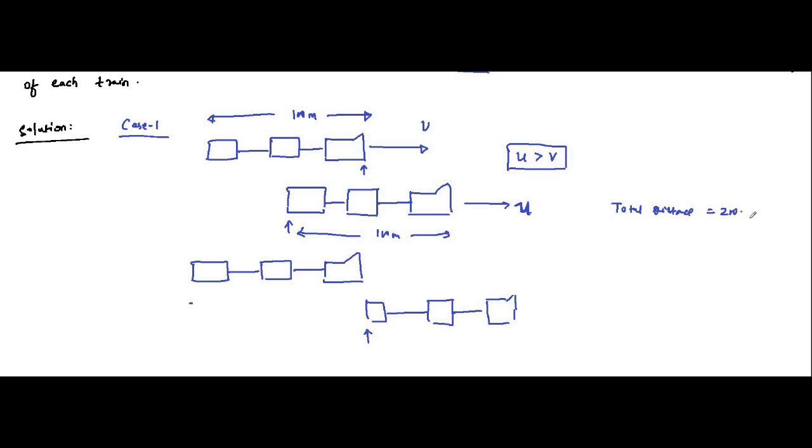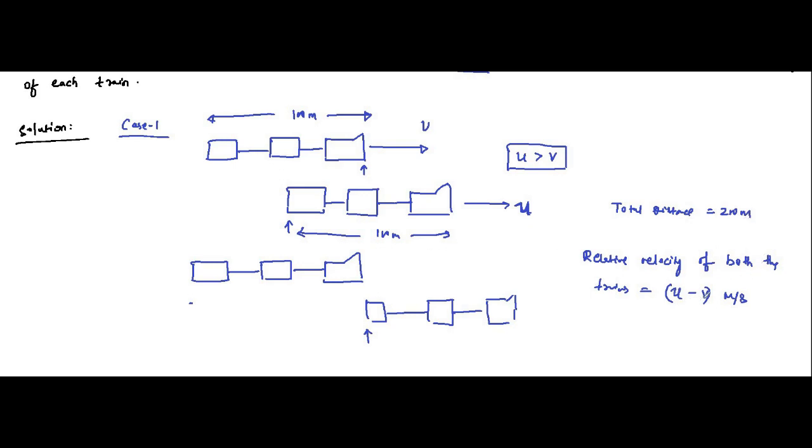And here the concept of relative velocity comes into play. The relative velocity of both the trains, which are moving in the same direction, is equal to u minus v. Let us keep the units in meters per second, because the distance is given in meters and time is in seconds.